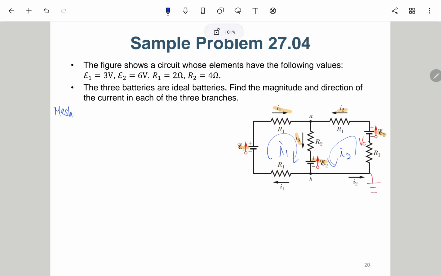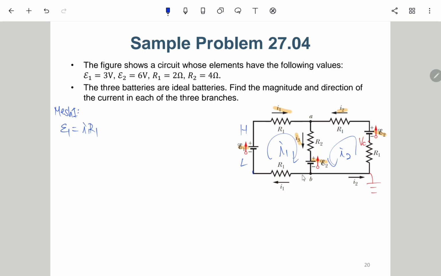So for mesh one here, starting from this point, here is going up, low, high. So here we have a positive E1 equals low, high, and then this is high, low. So it is equal to I1 R1, and then for this one I3 is this.